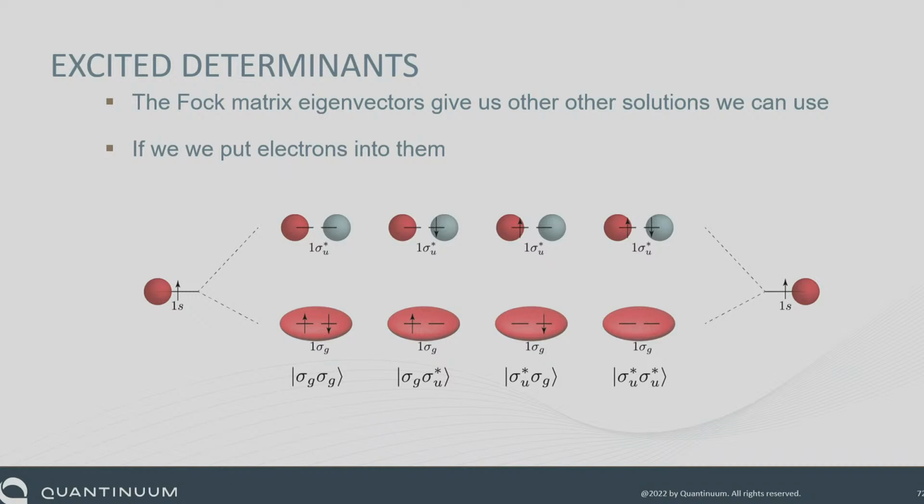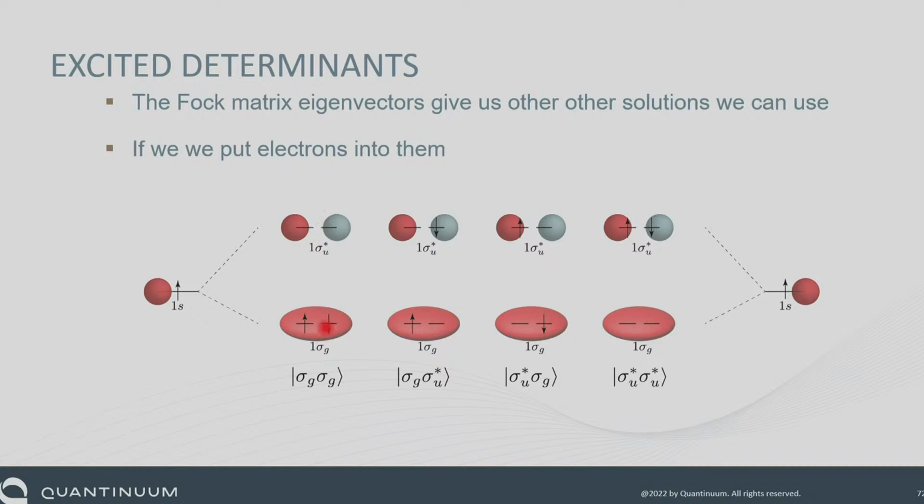What you do is take the solutions of the Hartree-Fock. Each one of these lines, 1, 2, 3, 4, is a solution to the Fock matrix, an eigenvector of the Fock matrix.